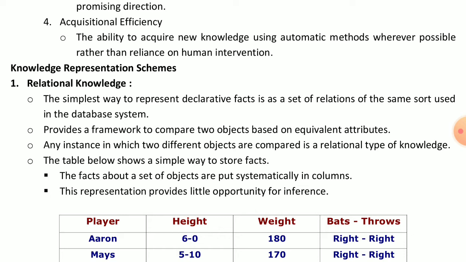So we start with the basic introduction. The simplest way to represent declarative facts is as a set of relations of the same sort used in the database system.